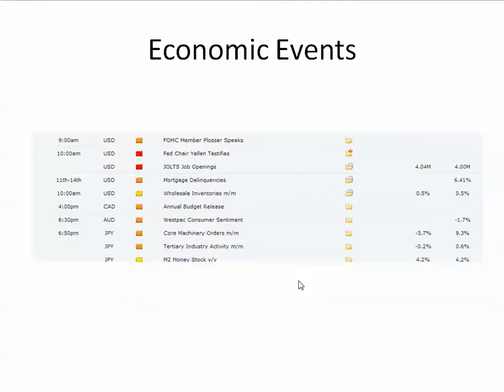Let's start with the major economic events for today. At 9 and at 10 a.m., we have Federal Reserve Chair Yellen testifying. Also, at 10 a.m., we have the JOLTS job openings. These are the major economic releases for today. Also today, we have mortgage delinquencies here in the U.S., wholesale inventories, news from Canada, the annual budget release, from Australia, Westpac consumer sentiment, and from Japan.